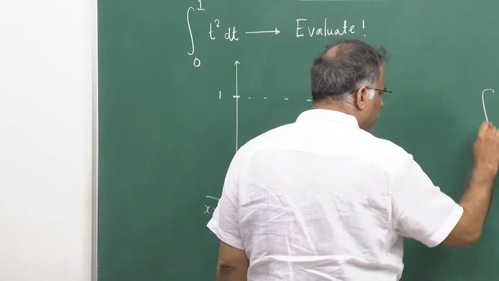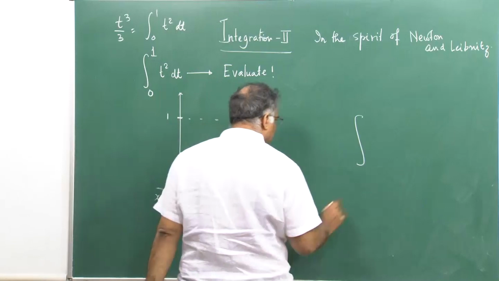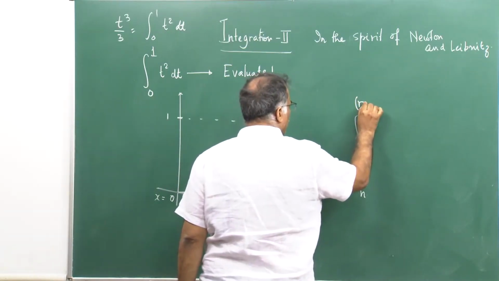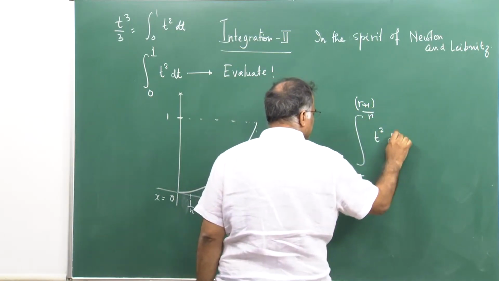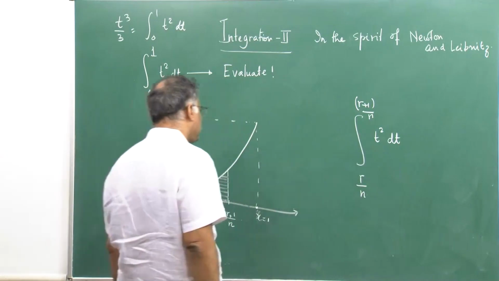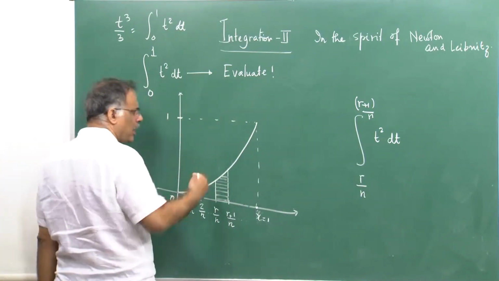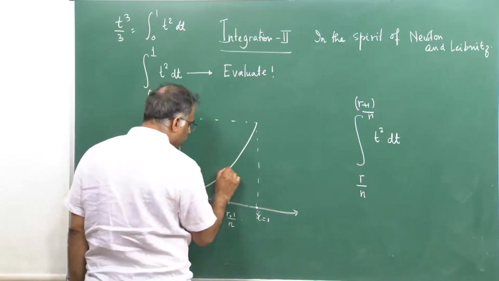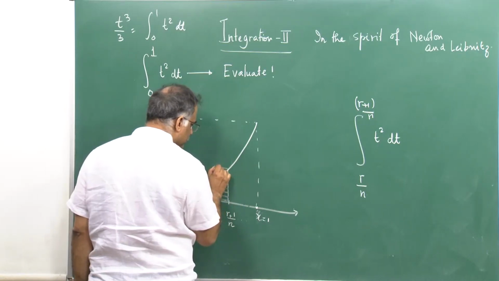If I write it in the symbolic form of the integral, it is the integral from r by n to r plus 1 by n of t squared dt. But let me now construct the upper estimate and lower estimate of this area. The upper estimate means I construct a rectangle of this height.